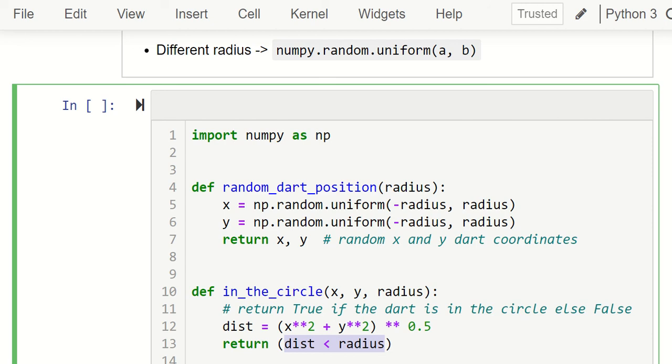On the other hand, if the distance is larger than or equal to the radius, note that if I throw the dart right on top of the circle, the way it's coded here, it considers that dart to be outside the circle, because it's smaller than and not smaller than or equal to. In any case, when it's on the circle or outside the circle, this part in gray will evaluate to false, and so it will return the false Boolean variable.